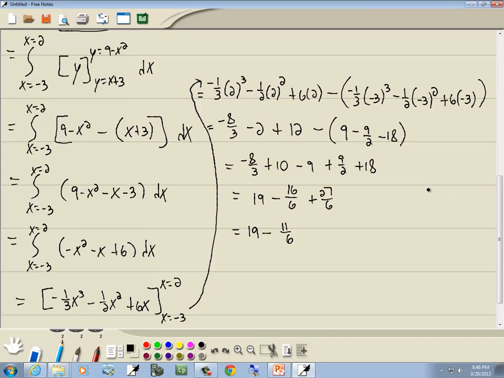And plus. Okay, I didn't look right when I wrote it down. This is a mixed number, so I'll take 19 times 6, which gives us 114, and add 11, and that gives us 125/6 for our answer. Let me save that, and then we'll take a look at the next problem.